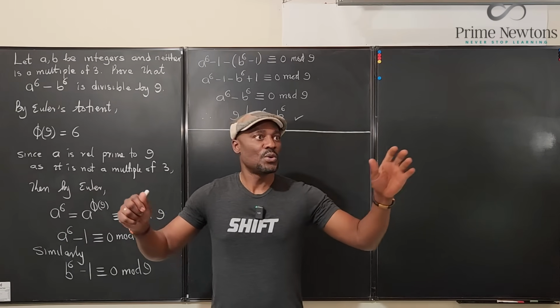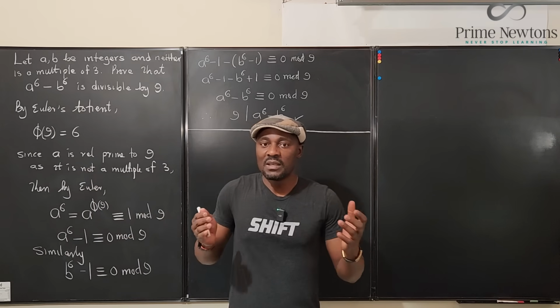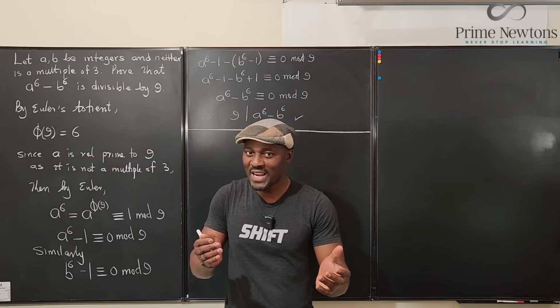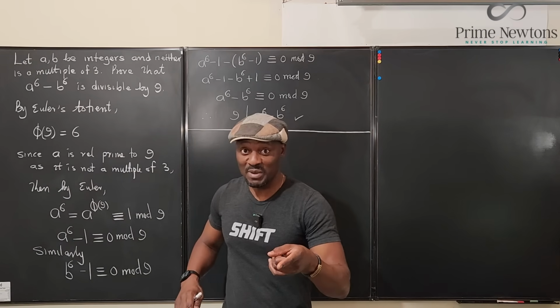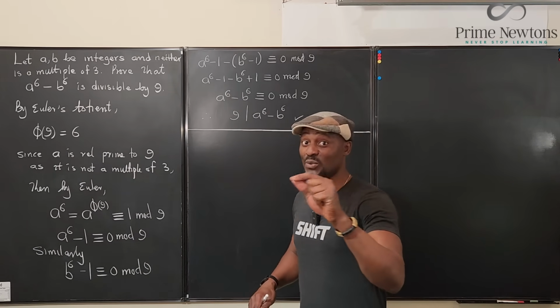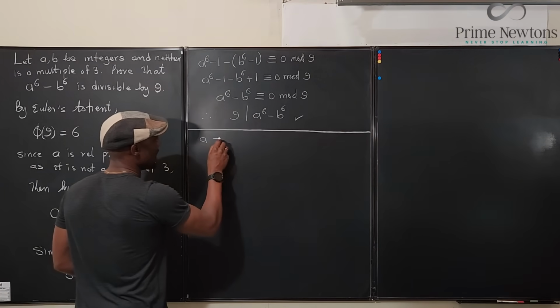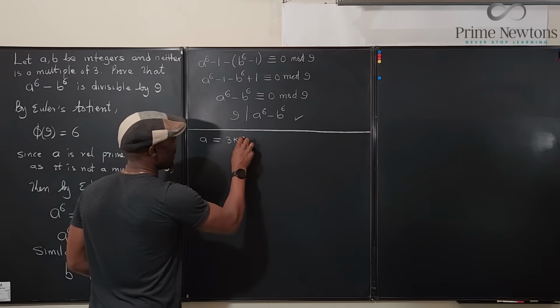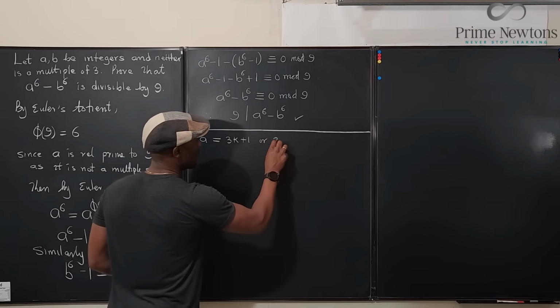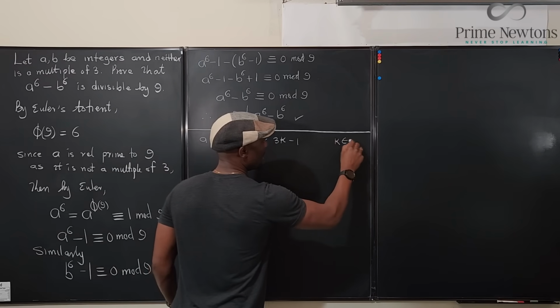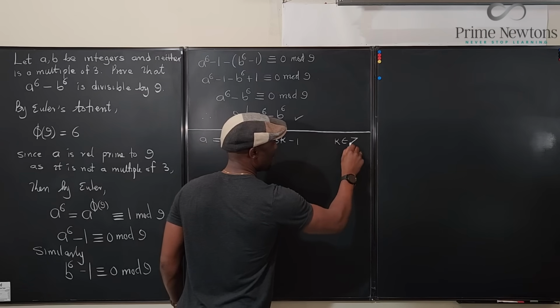Pick the number 20. 20 is a multiple of 3 minus 1, right? So any number not divisible by 3 is 3k plus 1 or 3k minus 1. A equals 3k plus 1 or 3k minus 1, where k is an integer, okay?